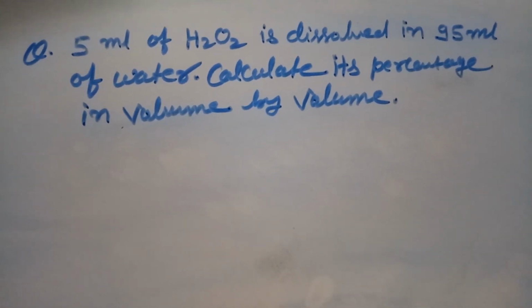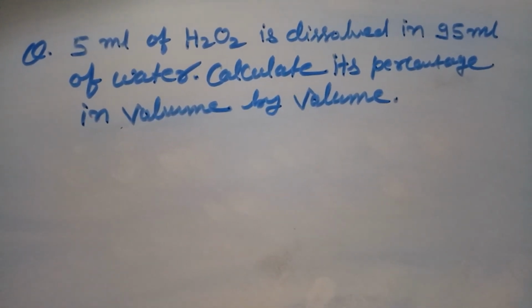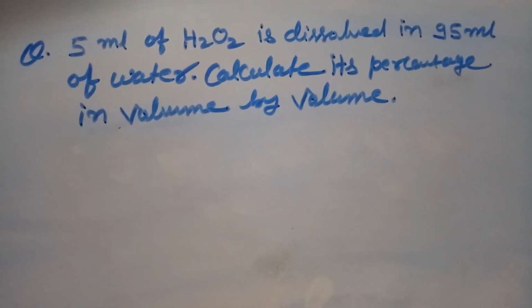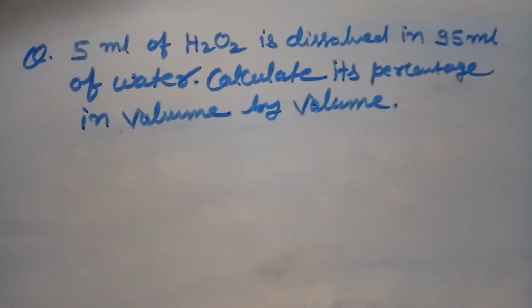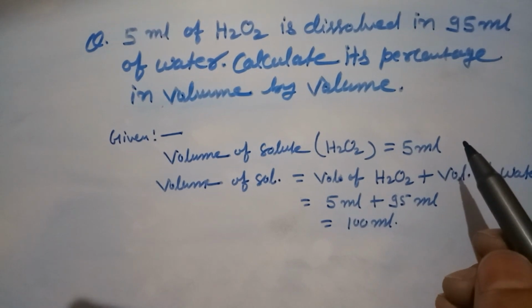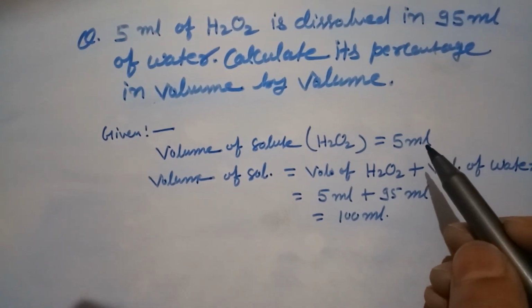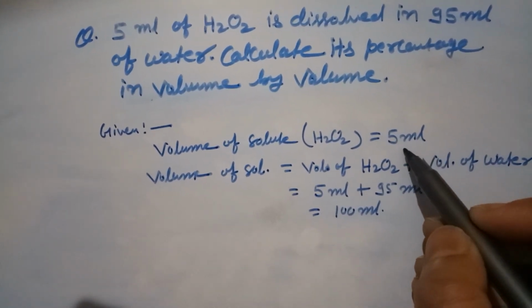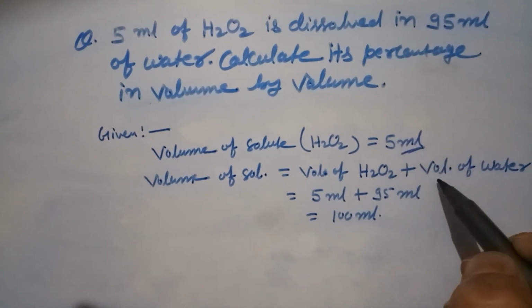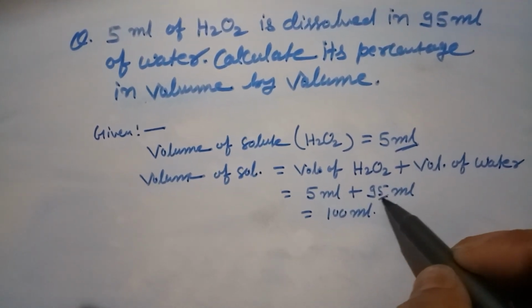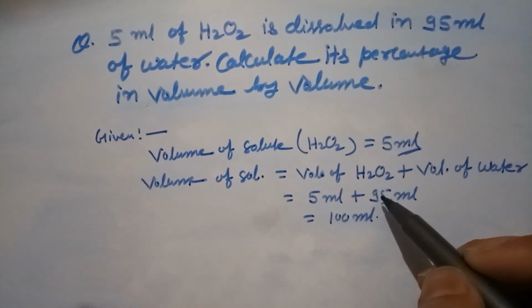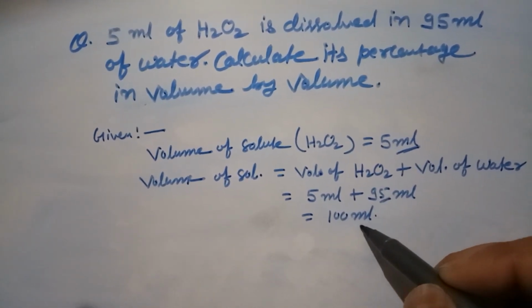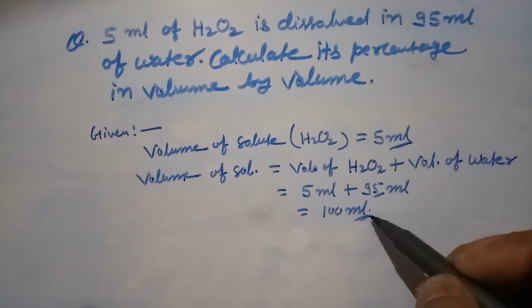Now see this question. 5 ml of hydrogen peroxide is dissolved in 95 ml of water. Then calculate its percentage in volume by volume. In this question, volume of solute is given, which is 5 ml, and volume of solvent is also given, which is 95 ml. By adding the volume of solute and solvent, we will get the volume of solution, which is equal to 100 ml.